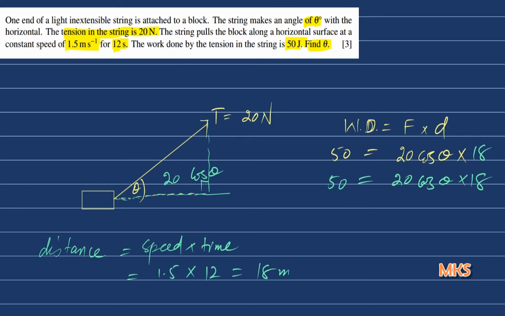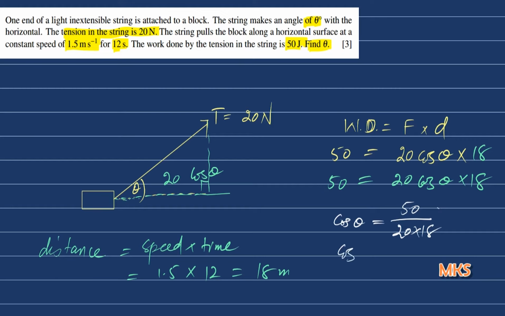So cos theta will be equal to 50 divided by 20 times 18. So that is 50 divided by 20 divided by 18, that is 0.13888.